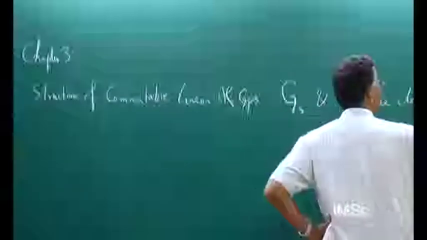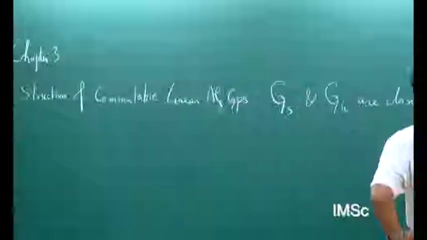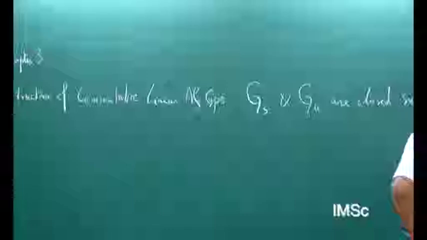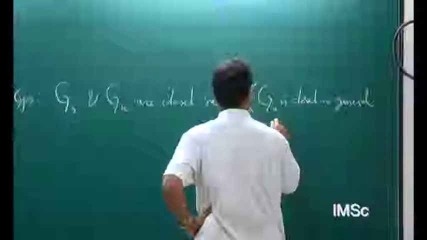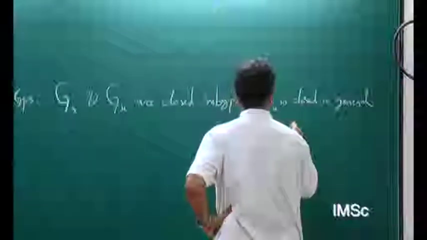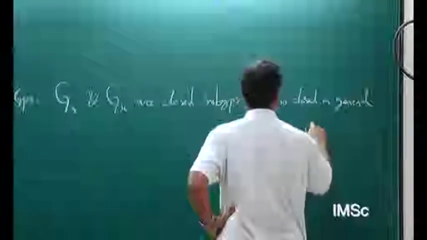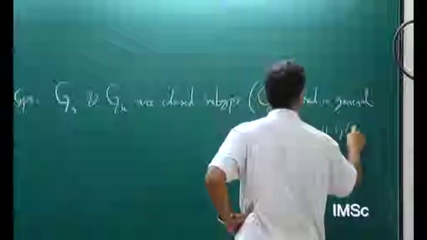I want to remind you that GU is closed in general. There is no problem with that. And what is the proof of this? You can think of GU as G intersect GLNU.